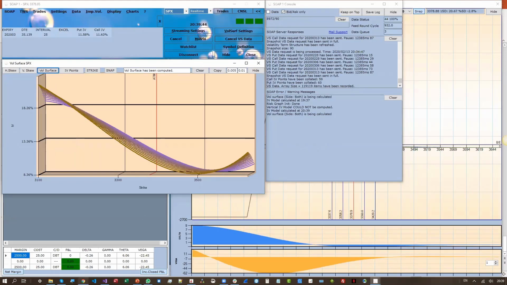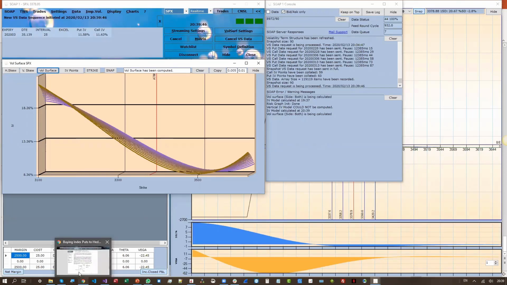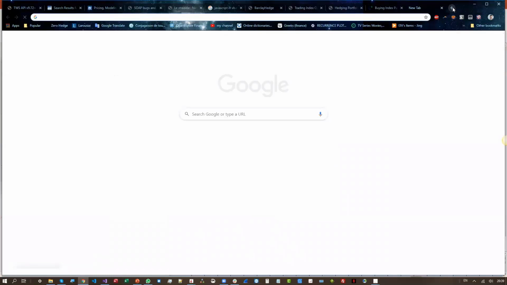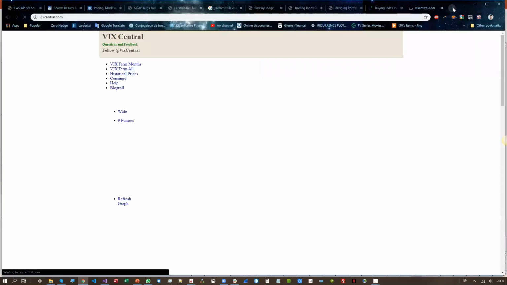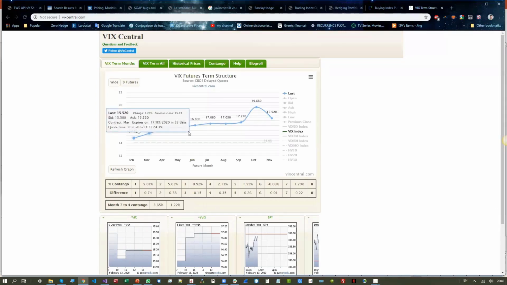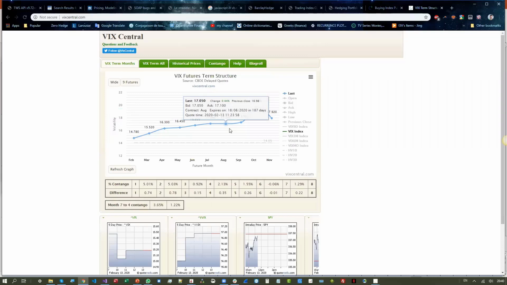And of course, if we look at the VIX Central, we see that we have a flattish, very mild contango. If you remember what I said earlier, if you ignore your horizontal skew, you would assume that your vertical skew, or your data points, do not evolve over time.